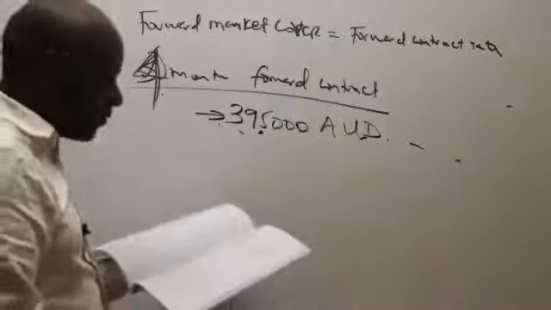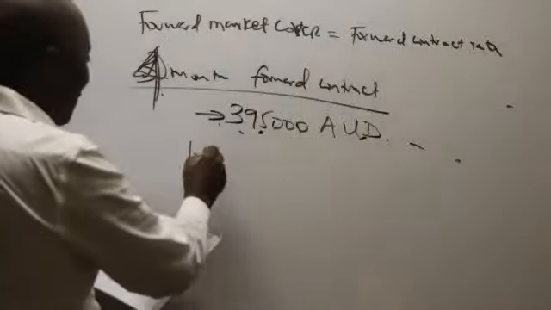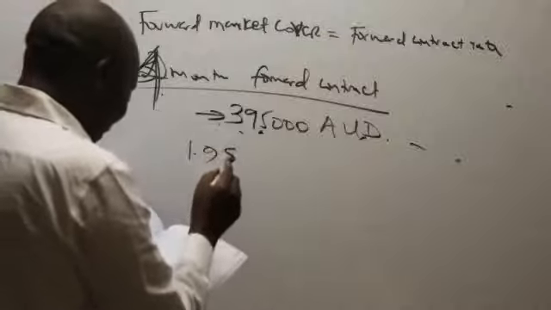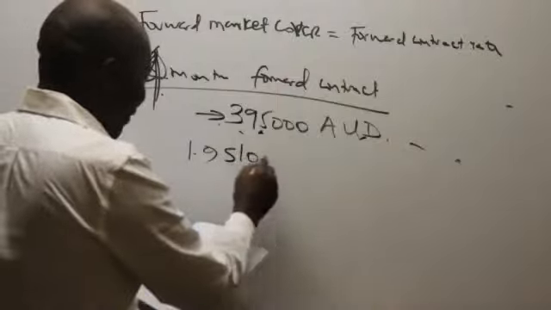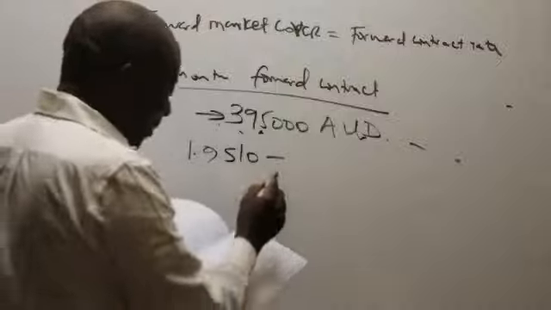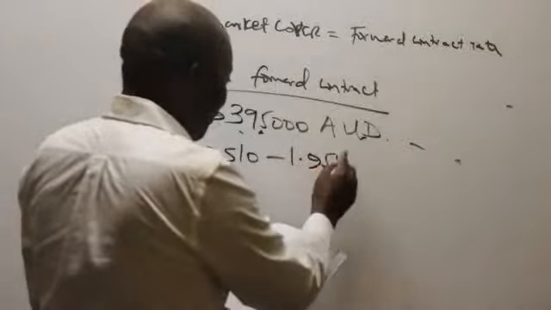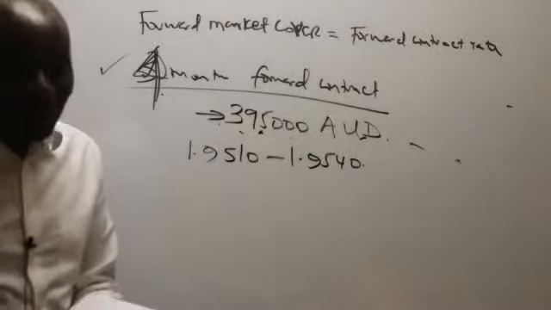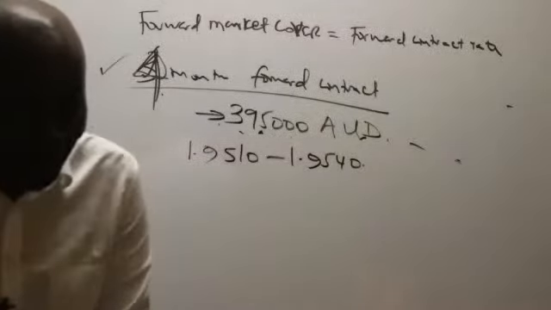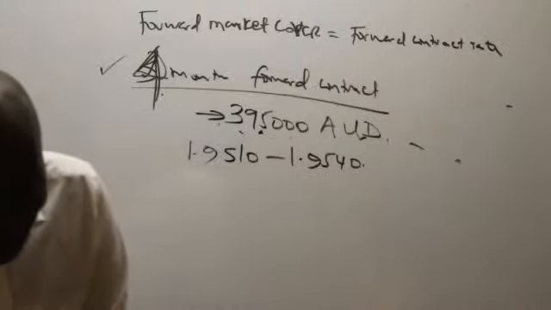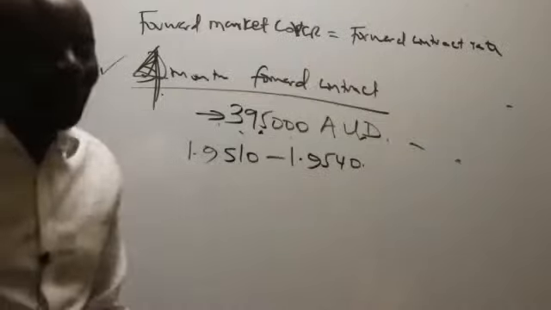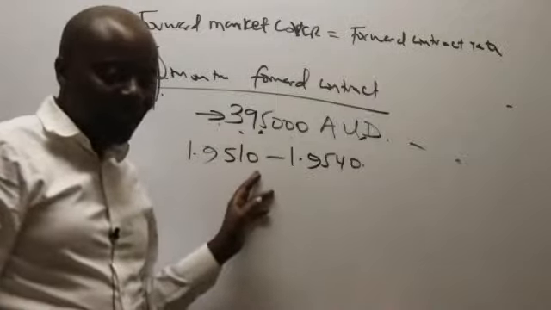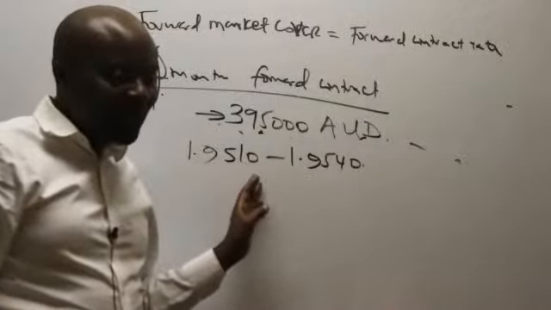We have here 1.95, 1.9540, because it's 4 months. 4 months contract. I hope you guys are able to see this 4 months contract rate. Are you able to see this 4 months contract rate?